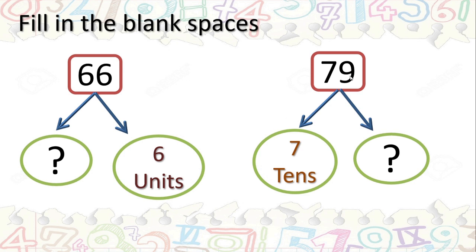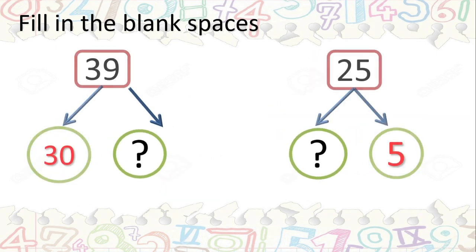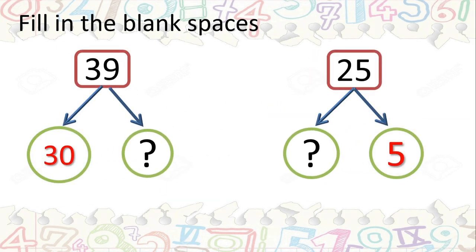Here also 79 is given and in the one circle it is given 7 tens. You have to replace this question mark by the proper answer. Okay. Next. This you also have to try.